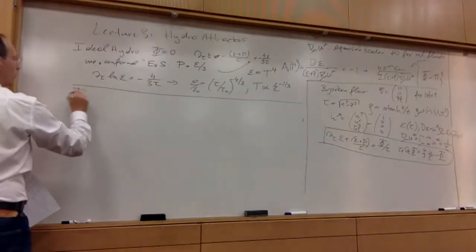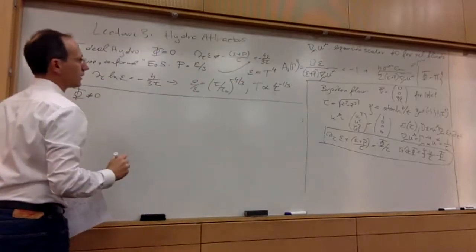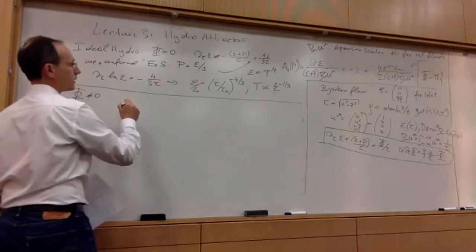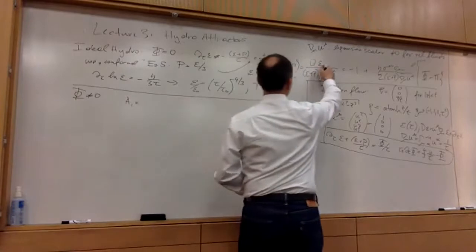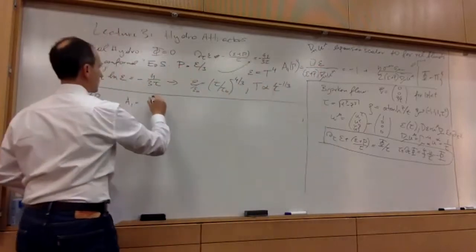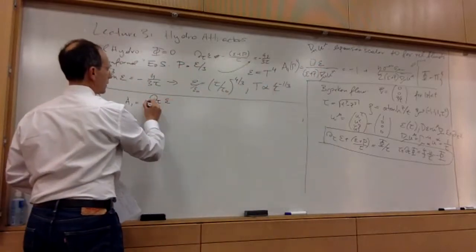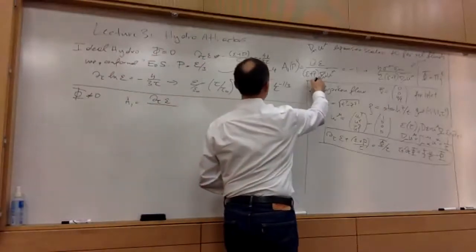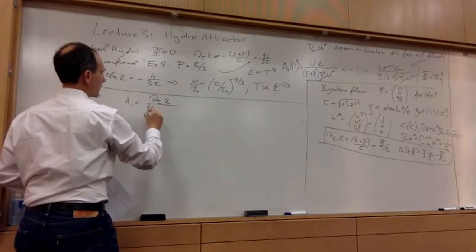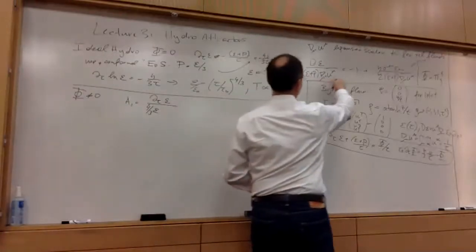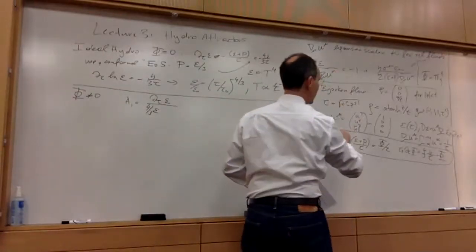So this will be the case where phi is non-zero. If I want to calculate the A1, it is basically the derivative of epsilon, d_t epsilon divided by epsilon plus p. Well, it's just 4/3 epsilon times the gradient of u. I calculated that.